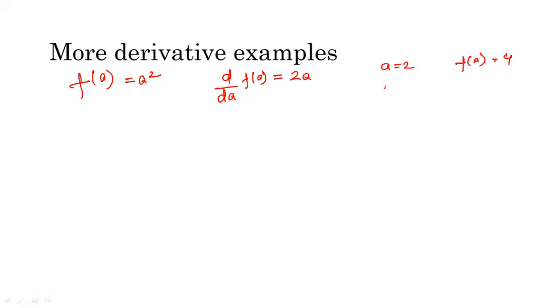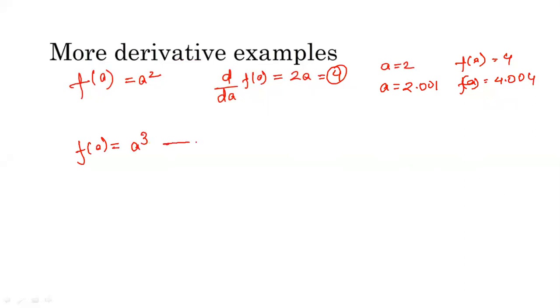And if we make a small increment to this initial value, that is 2.001, f of a was 4.004, and the slope came out to be in the form of 2a. So if you have a value of 2, the slope came out to be 2 into 2, that is equal to 4.